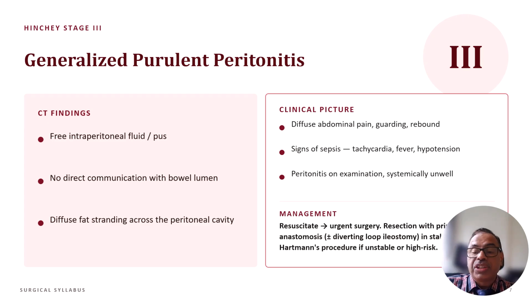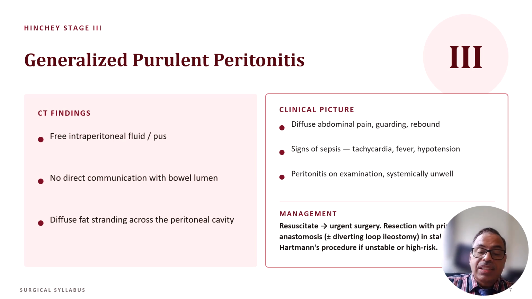or if your patient is unstable, then a Hartmann's procedure, which generally involves excision of the diseased gut, proximal end colostomy, and closure of the distal rectal stump should be attempted. So, in a nutshell, after resuscitation, immediate surgery, if your patient is stable, give a thorough peritoneal wash, do a primary anastomosis after excision of the diseased segment, and do a proximal temporary loop ileostomy to protect the anastomosis.